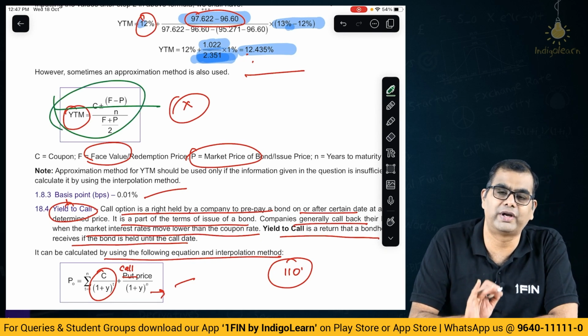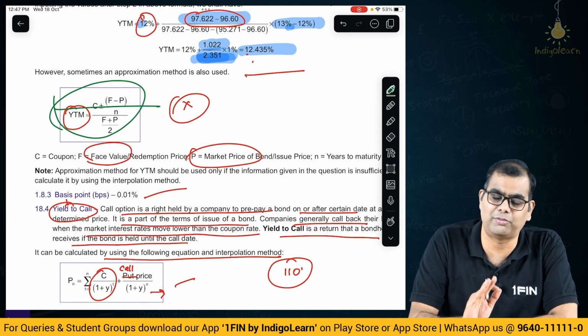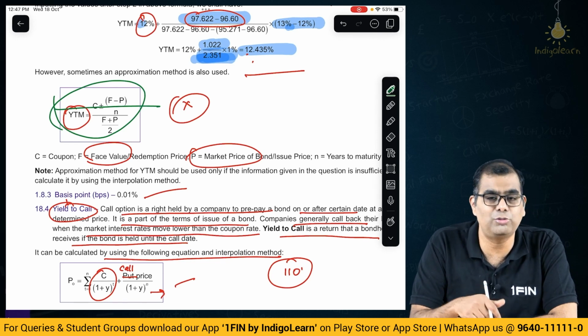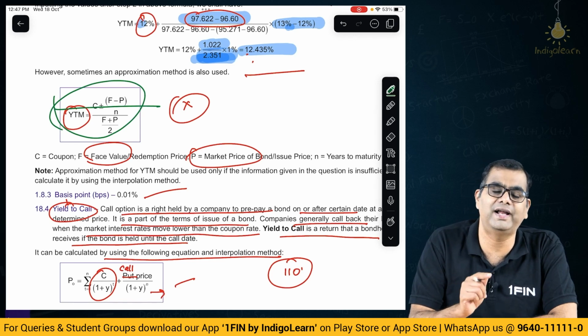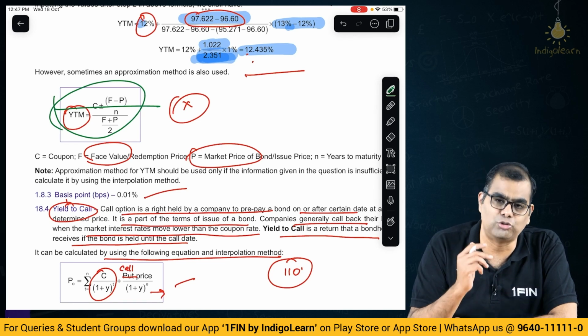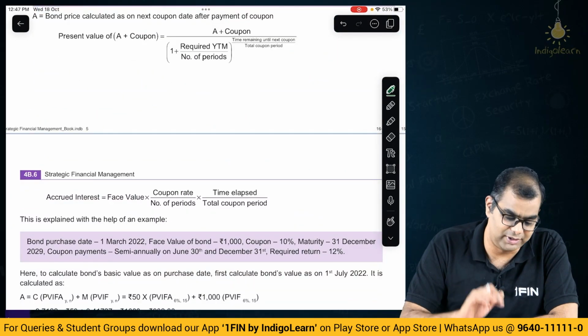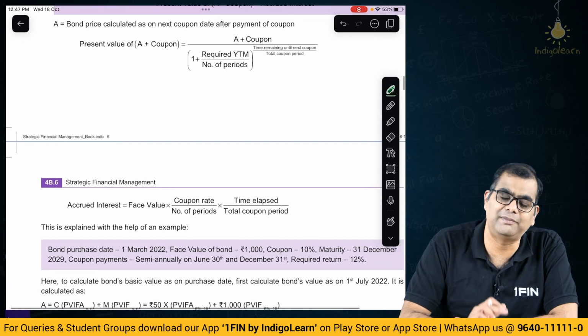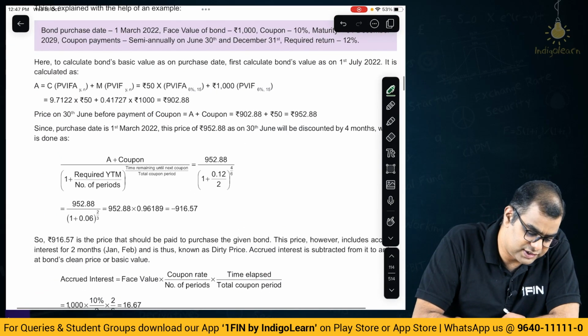Don't confuse the quick and dirty method with clean price and dirty price. Clean price is the basic value of the bond. Dirty price is basic value plus accrued interest. And the whole accrued interest concept will come in only when you are pricing a bond in between coupon dates. Now, let me take you through an example before I actually explain the formula, because I think an example will help understand the formula better. Purchase date of the bond is 1st March.